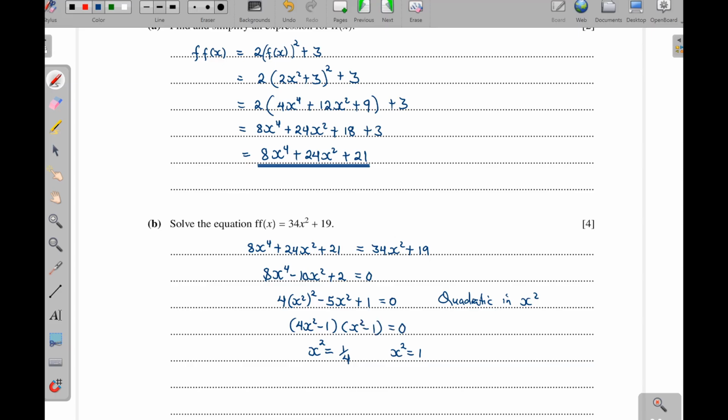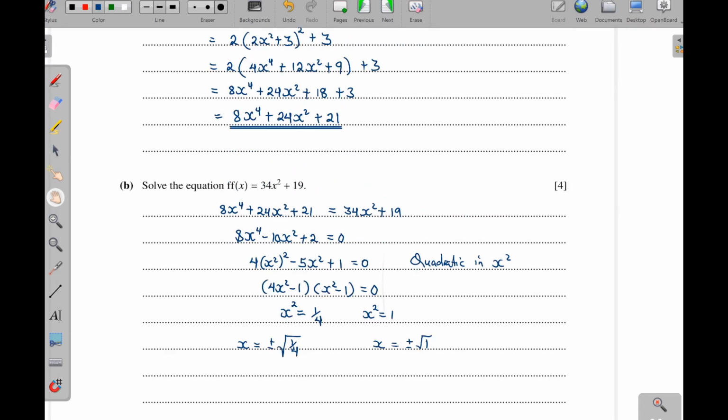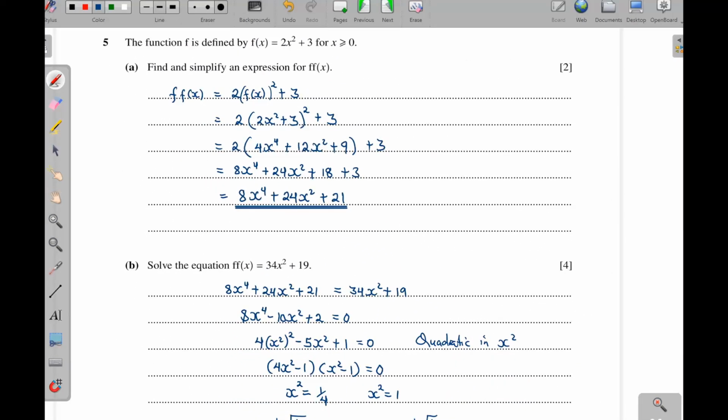By doing so, you have shown the examiner the attempt to solve the quadratic equation. And then after here, of course, we are supposed to get our x values. So it will be plus or minus the square root of a quarter. And also here, x will be plus or minus the square root of 1. Now, looking up here, the x values in the f are supposed to be greater or equal to 0.